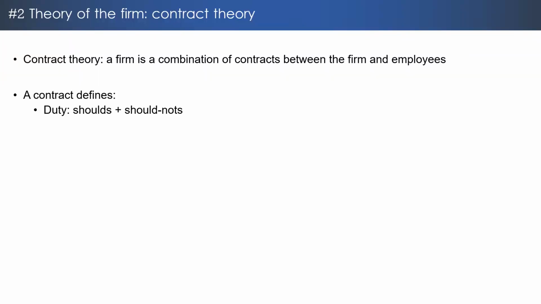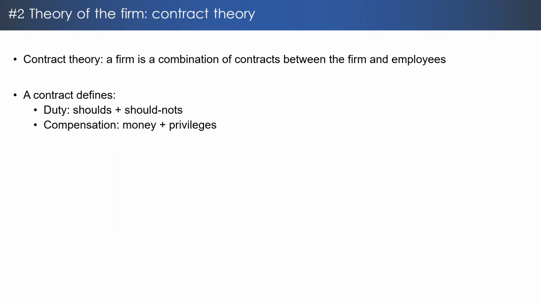So the contract would generally define at least two things, right? The first thing is that it defines what the employee should and should not do towards the company, for the benefit of the company. And second, it defines the duty of the company on investors, or the duty of the company on its employees, right?